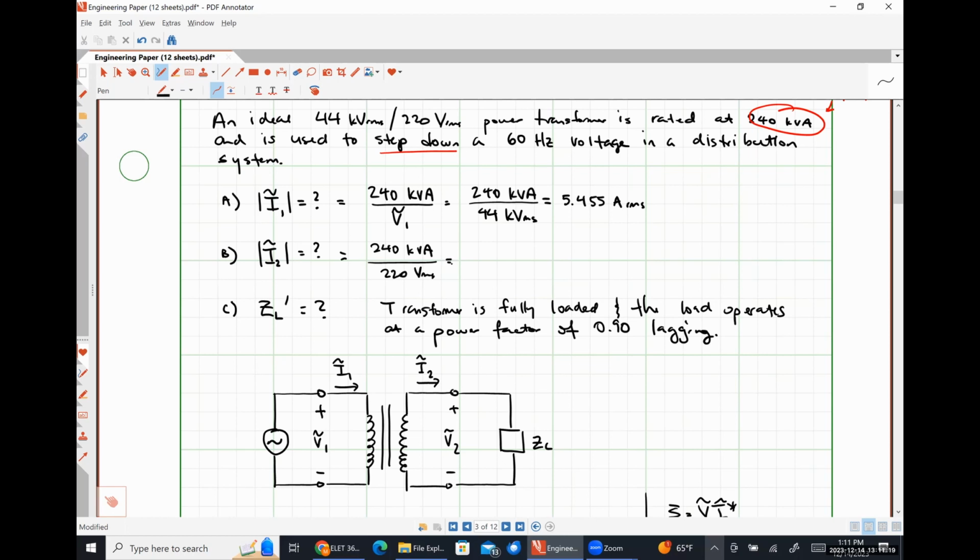So 240 times 10 to the 3, I'm dealing with kilovolt amperes, divided by 220 gives me 1090.909 amps RMS or 1.091 kiloamps RMS.